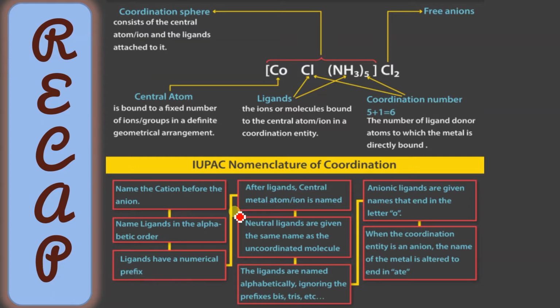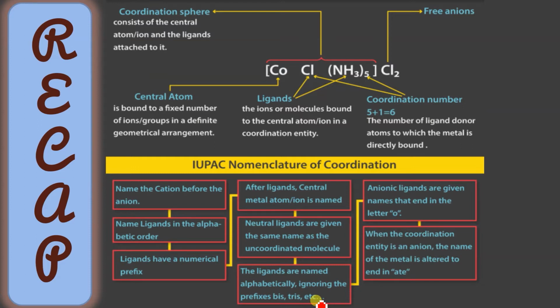After the ligands, the central metal atom ion is named. Neutral ligands are given the same name as the uncoordinated molecule, like amine, aqua, carbonyl. The ligands are named alphabetically, ignoring the prefixes like bis and tris. We don't have to consider that.